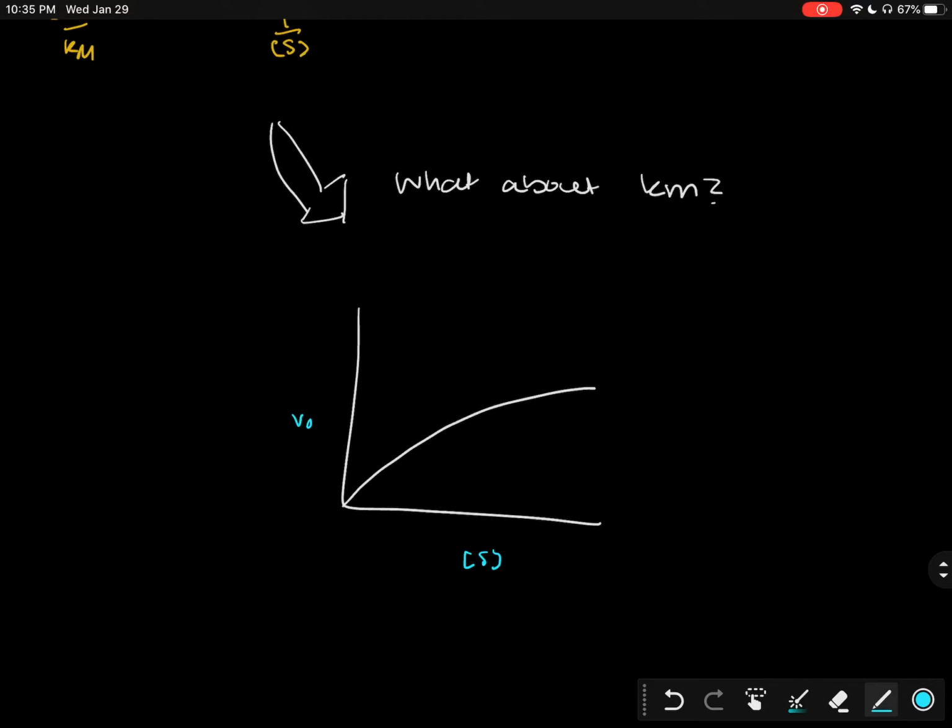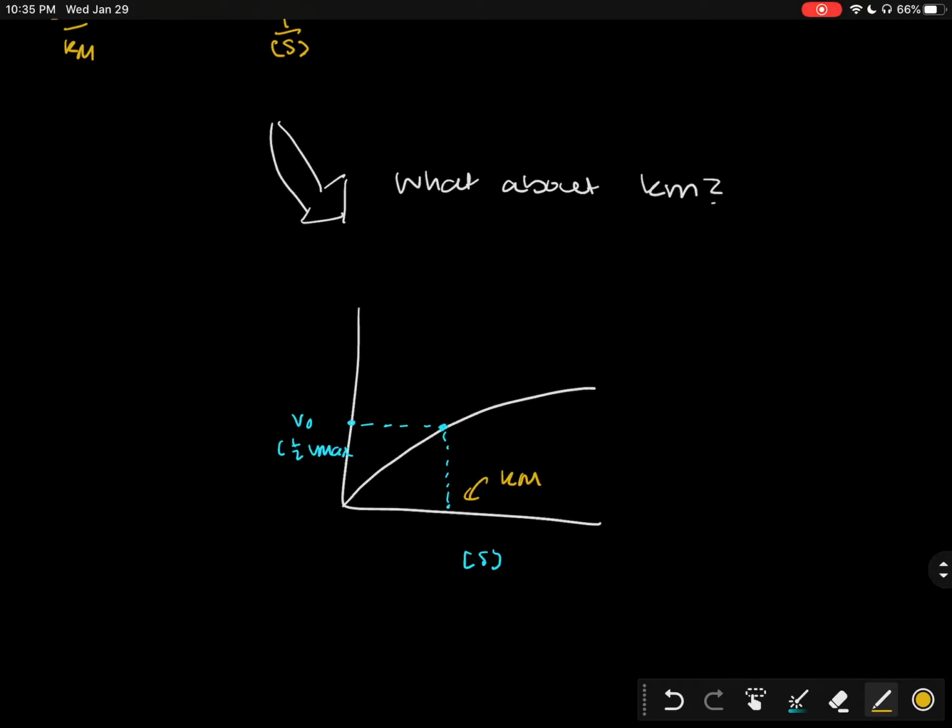The point where V naught is one half Vmax is something that we're going to mark. Let's say it's about here. Whatever this concentration of substrate is, that is what our Km is going to be, the Michaelis-Menten constant.